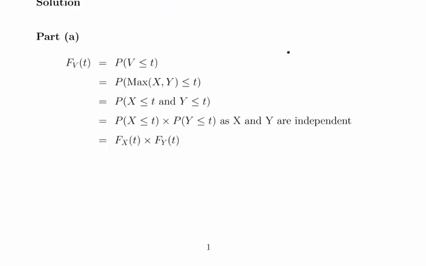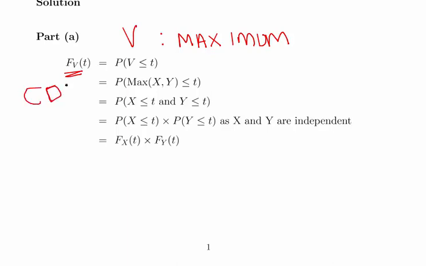So the first thing we're going to do here is v, the maximum. And this is the cumulative distribution here. Essentially, if we were to rewrite that, that means probability of v is less than or equal to t. These two statements are equivalent to each other.